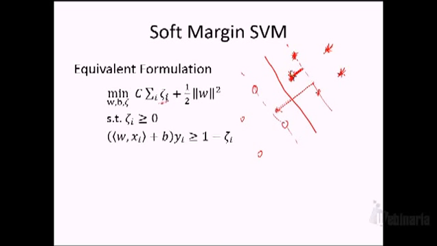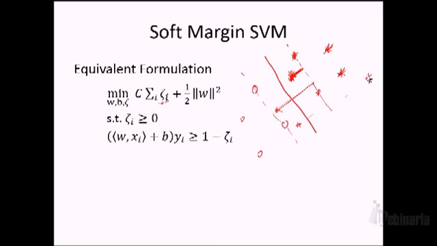If zeta i is greater than 0 but less than 1, then the point can be within the margin but still on the right side of the classification boundary. If zeta i is larger than 1, then the point is allowed to even get to the wrong side of the classification boundary.